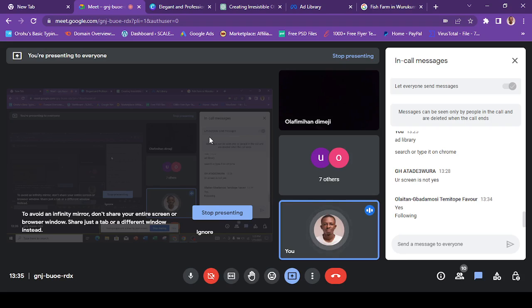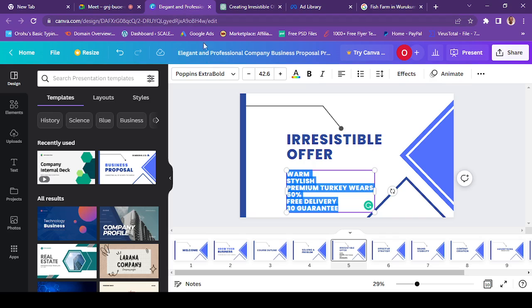Now, someone who is into selling rice and someone who is into beans, all of them are food products. If you are selling rice and I am selling beans, we are all in the same niche. We are selling what? Food products.